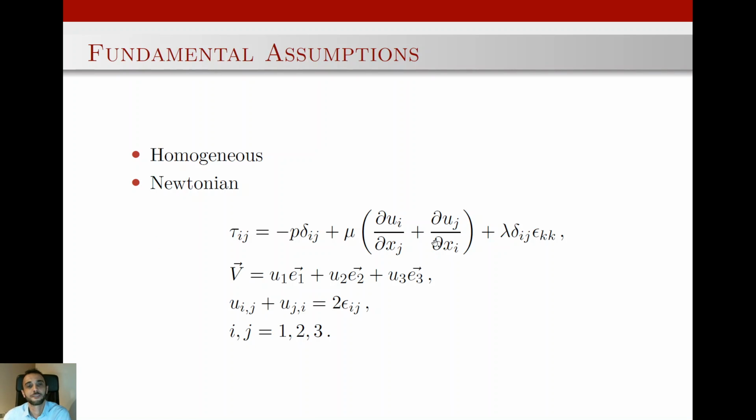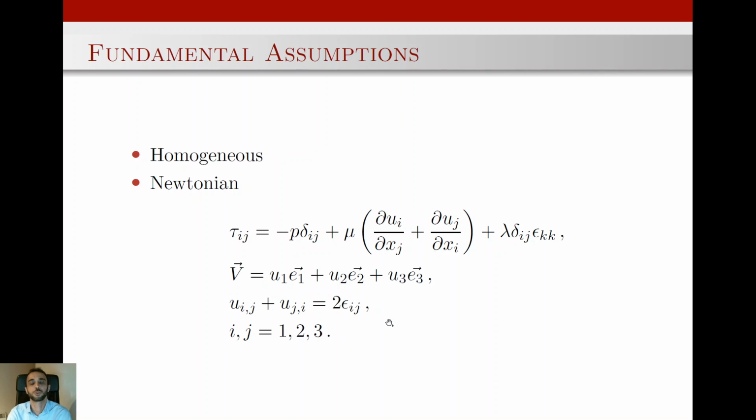If we assume that the fluid is homogeneous and Newtonian, that is, the rate of strain is proportional to stress, then we can write the stress in this form, tau_ij being equal to minus p delta_ij, and the terms related to the viscosity. And this is pressure and normal stress in a sense. In this case, I'm writing velocity as u1 e1 plus u2 e2 plus u3 e3.